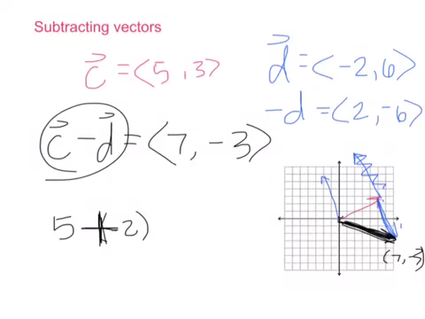So one way that you can think about subtraction is just adding the opposites. So I'm going to add 5 and the opposite of negative 2. And then I'm going to add 3 and the opposite of 6. And that also means opposite in direction when you're doing it geometrically.